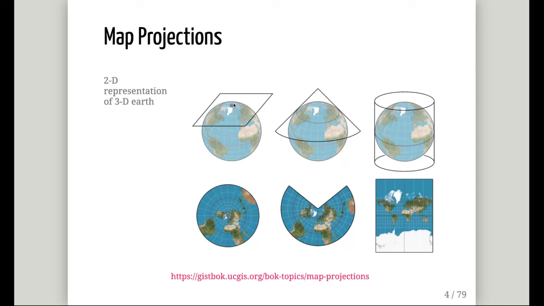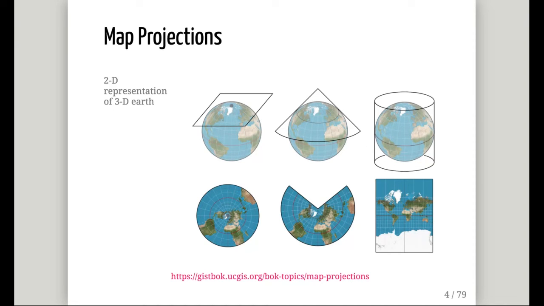Imagine holding a huge paper on the North Pole, and then projecting each and every location on the Earth's surface onto the paper. This is what the bottom figure would look like. Now, you can also do a projection using a conical surface, and that would look different.